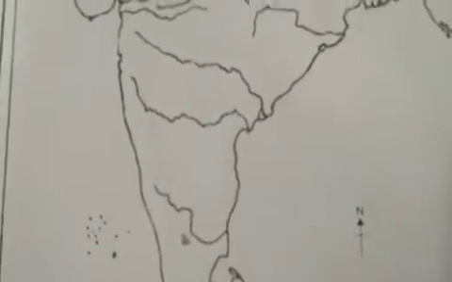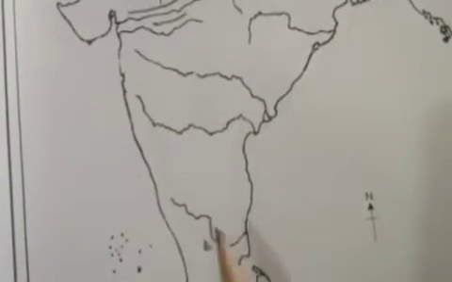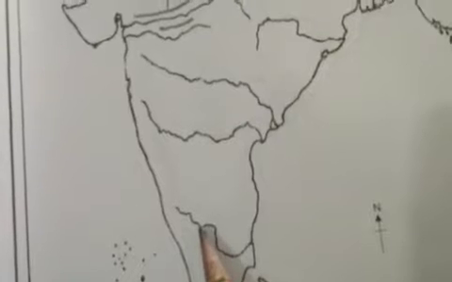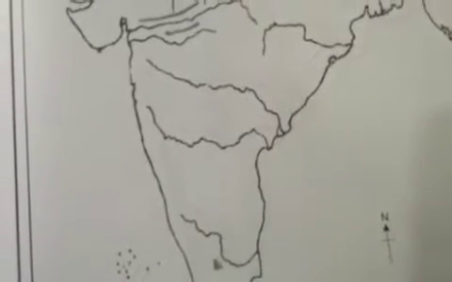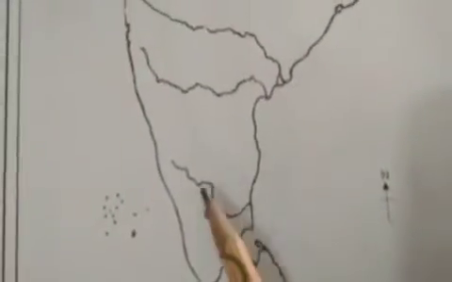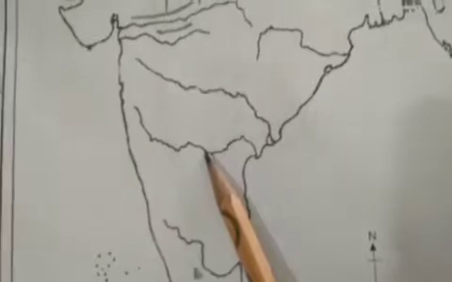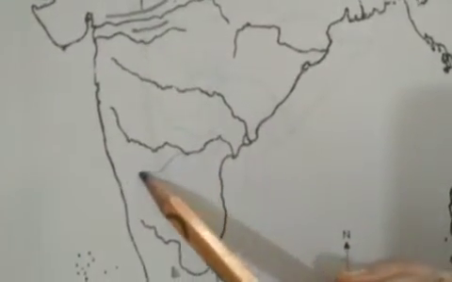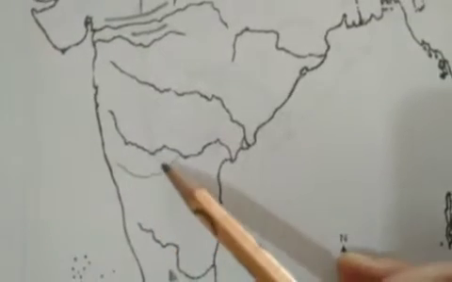Okay, let's trace the South Indian rivers. So this one is your Kaveri, Cauvery, or we can write it as Kavery also, right? So this is Kaveri river. Here we have Krishna, river Krishna, and just mark Tungabhadra, which is not made in your map.